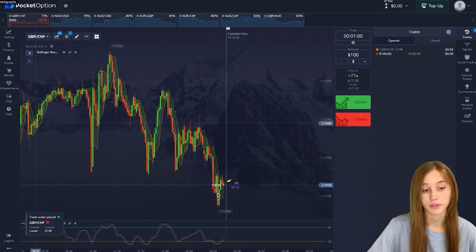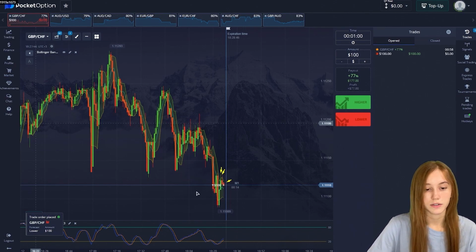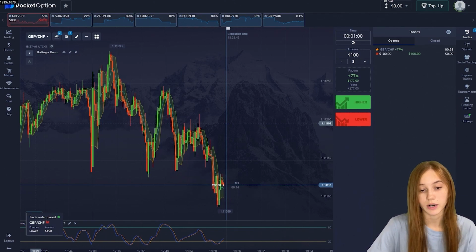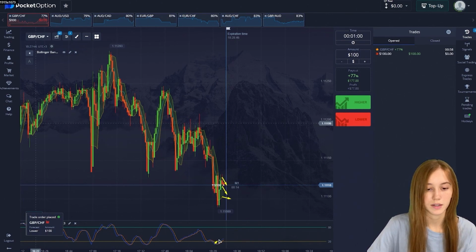In the left corner our deal was closed with a plus, good result, and the next deal amount increases to $177. Right away, I recommend you trade with 10 or 15% of your amount. I think we'll get it, yeah. Let's continue.